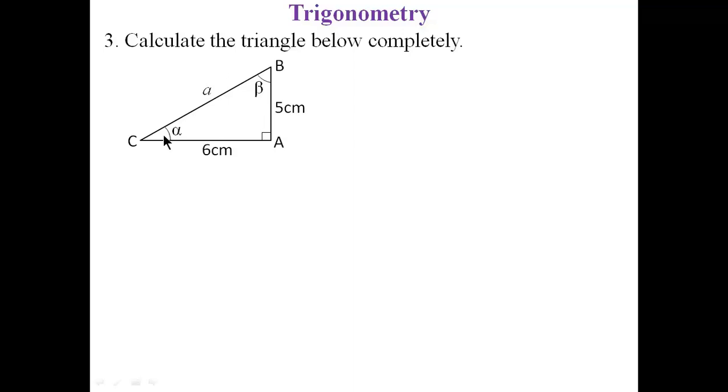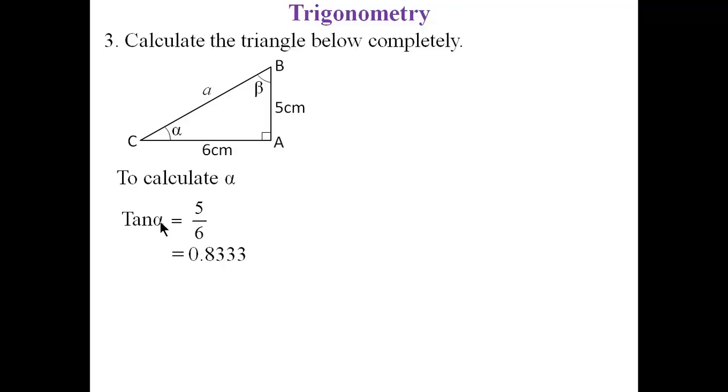We shall start by calculating the angle alpha. To calculate angle alpha, we shall combine the opposite and the adjacent. That's going to give us tan alpha is equal to opposite over adjacent. Tangent is the one combining opposite over adjacent, and that will give us 0.8333 to 4 decimal places.